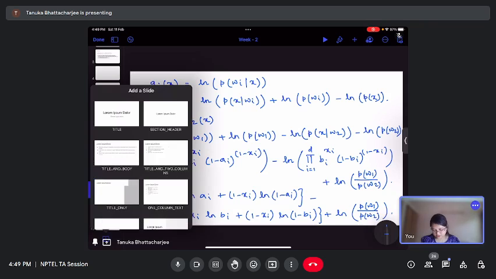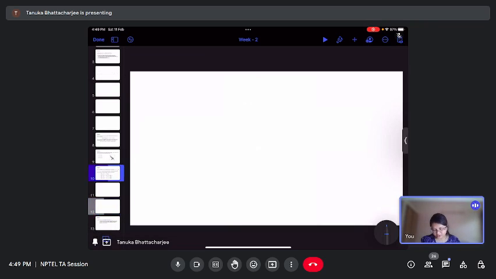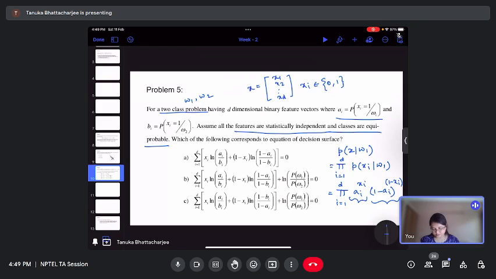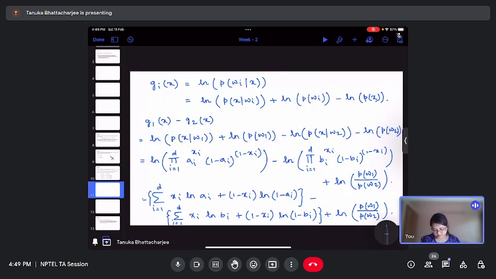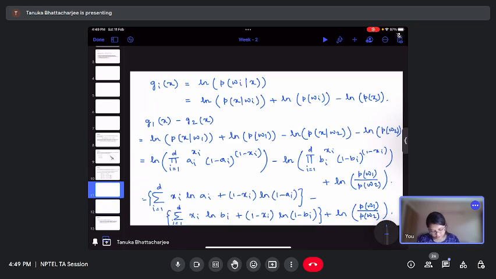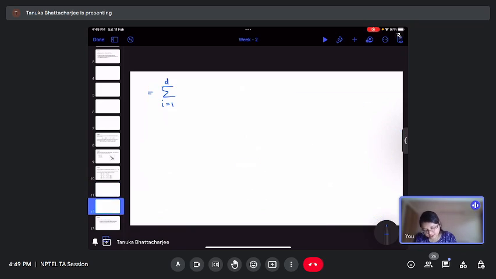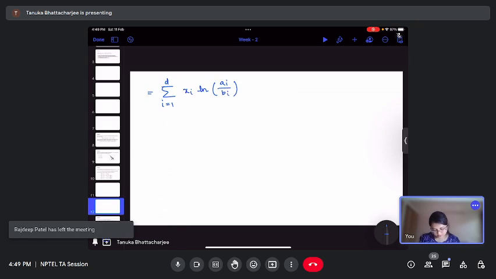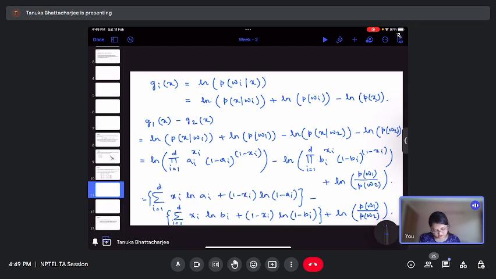We can further simplify this to get to one of the given expressions. What we get is, you can take the xi terms together and take the 1 minus xi terms together.